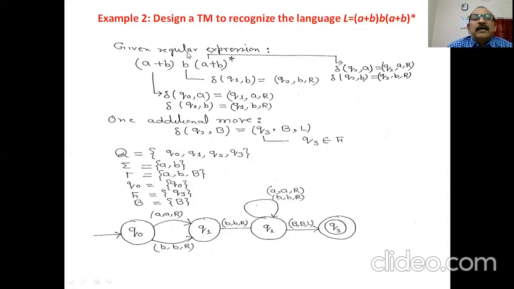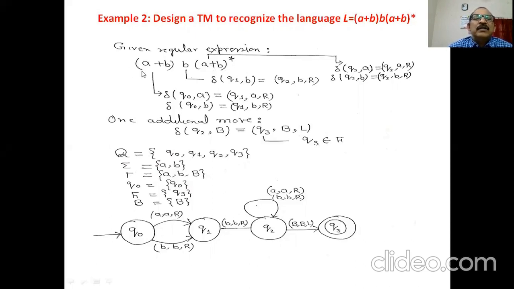You can observe that the first symbol in each word in this regular expression is either A or B. Next symbol must be B, and the next symbol, that is the third symbol, may be A or B or any combination of A and B. Is it clear?